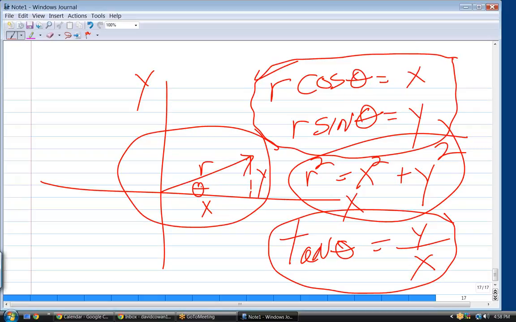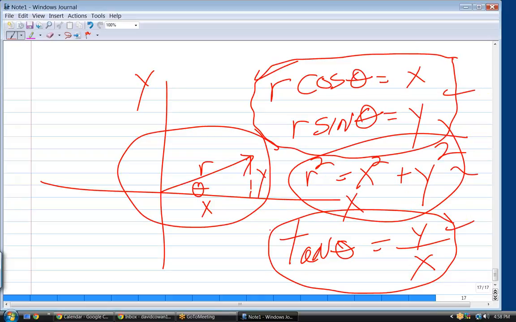Same thing with the sine of theta equals y over r, which makes y equal to r sine of theta. And then because of the triangle, r squared equals x squared plus y squared, and tan theta equals y over x. So you can figure out all of these as long as you can draw this picture.